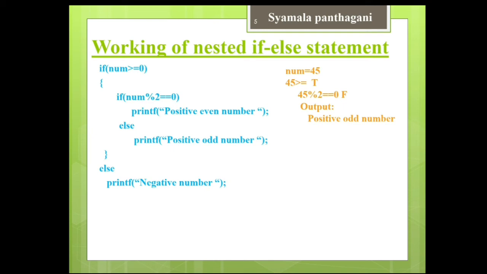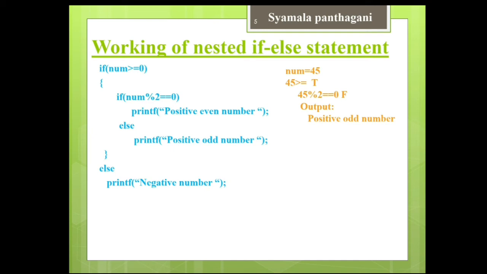Here, the compiler checks 45 is greater than or equal to 0. Sorry, I forgot to write 0. 45 is greater than or equal to 0. Is it true or false? True. That's why the compiler comes into the body of the true block.